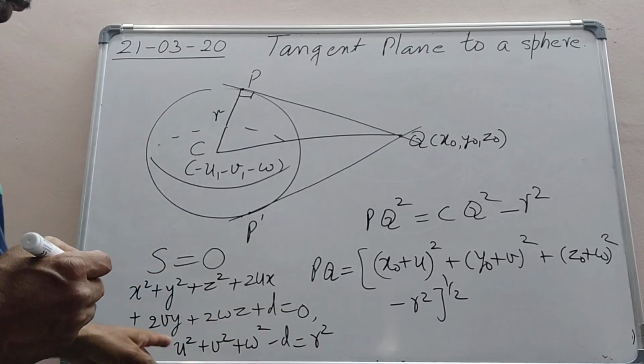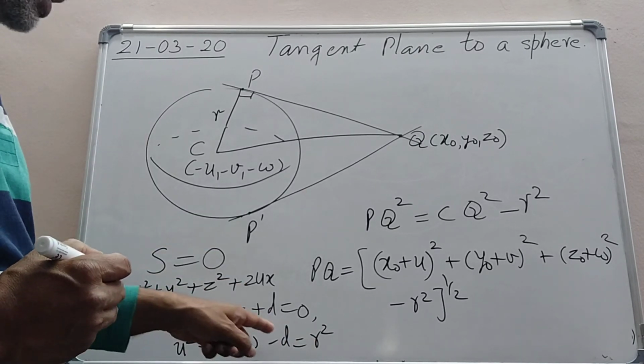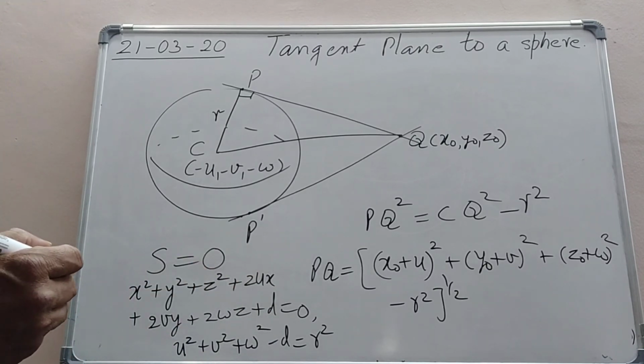So minus r square is minus of this, minus of this, minus of this, and a plus d over here.